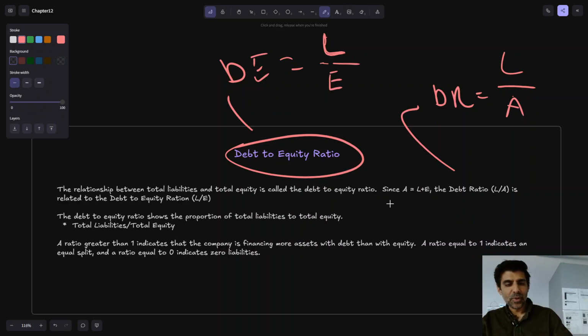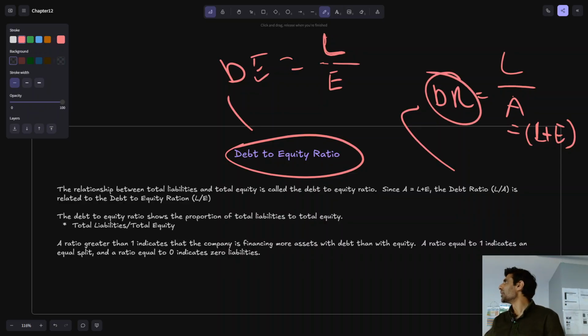Okay, but these are all related. If you took your debt ratio, assets equal liabilities plus equity. You could go between the two. You could substitute, solve for L over E. There's a way to manipulate these two to get the debt to equity ratio as a function of the debt ratio.